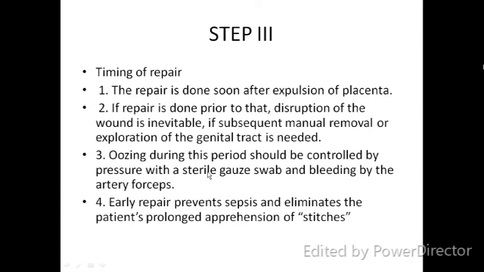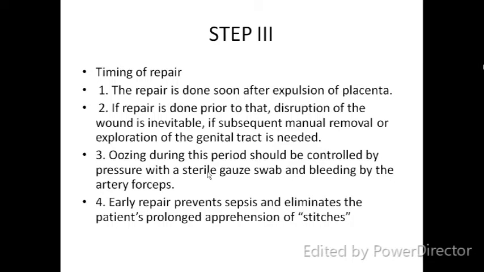So, timing of repair: the repair is done soon after expulsion of the placenta. After the delivery of the baby and the placenta, you have to repair the episiotomy. If repair is done prior to that, disruption of the wound is inevitable if subsequent manual removal or exploration of the genital tract is needed.